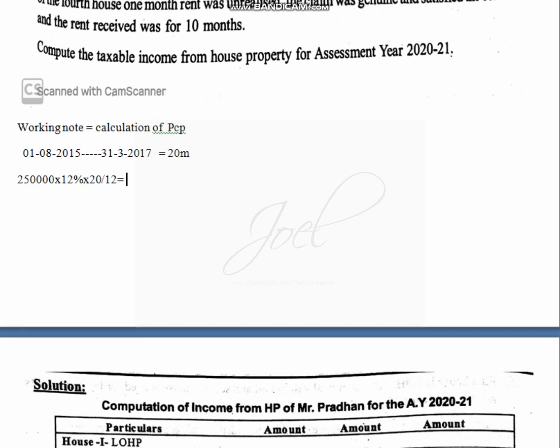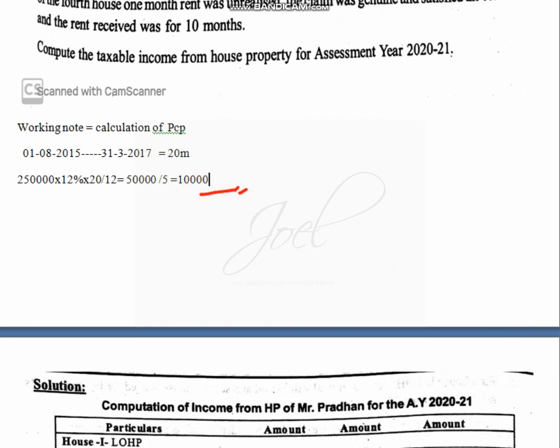We calculated that time, we got 50,000. Yes, 50,000 is the amount we are getting. 50,000 is to be divided by 5, because we can deduct it in 5 equal installments. It will come up to 10,000. So this is the answer we have to consider as pre-construction period interest.